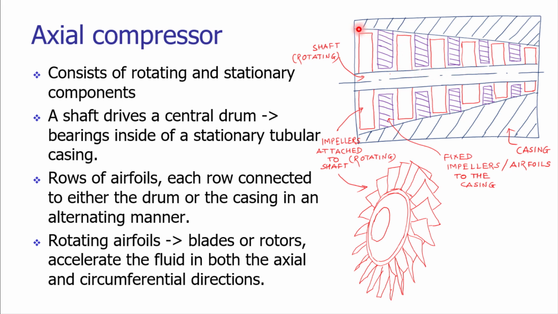But as you can see, the volume of the cavity is getting reduced from left to right. So there is a gradual reduction in the volume available for the passage of the fluid along the axial direction. Due to that gradual reduction, there is an increase in the pressure of the fluid, the gas or the air.